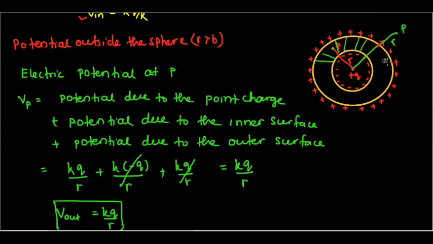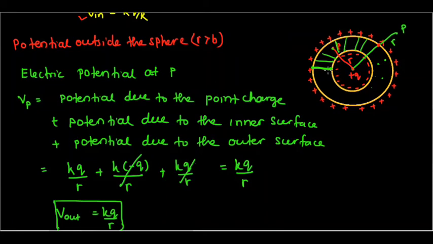So if you choose the point here or the point here, at any place inside this conducting volume, you will get the same potential, because we already know that a conductor is an equipotential surface. So the potential at every point inside this conducting volume will be the same. So when you are moving from the surface of the outer shell to the surface of the inner shell, throughout this region the potential remains the same.